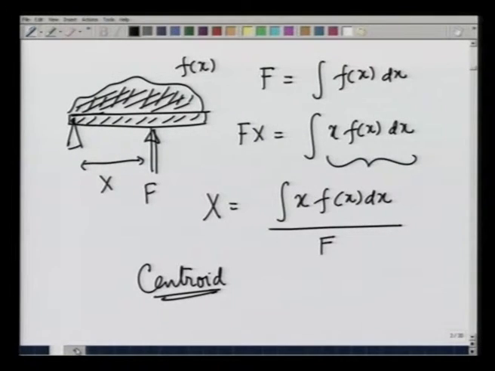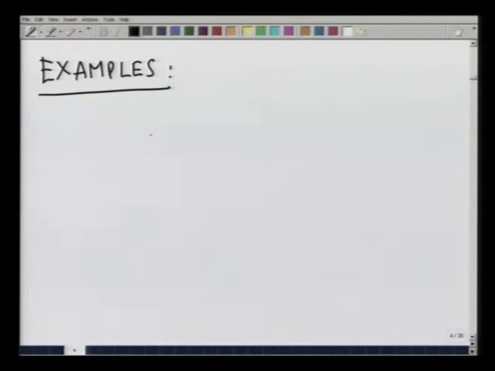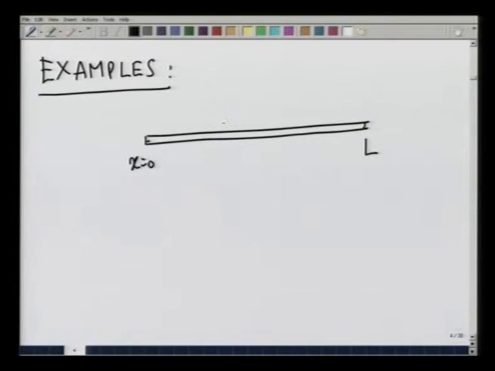Let us take some examples. Suppose I have a beam, let us call this point x equal to 0, of length L, and there is a force distribution of the form of a rectangle from point x1 to x2.